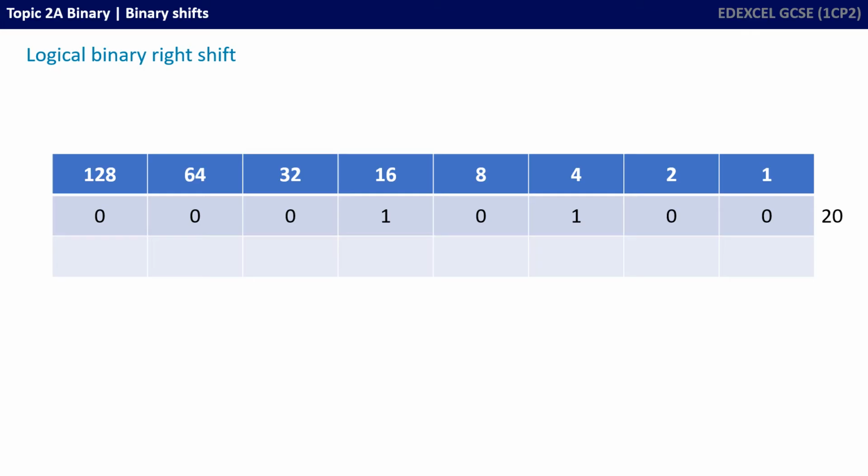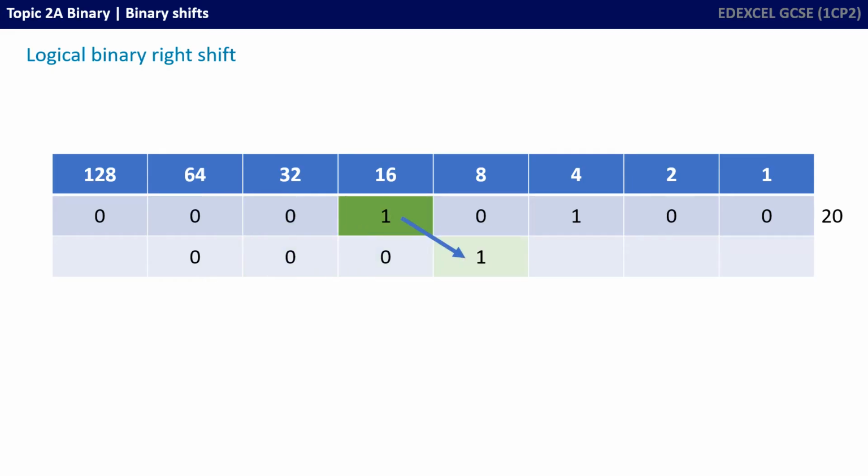A binary right shift is exactly the same, just in the other direction. So we start by shifting each digit right the number of places we need. So we're going to do a right shift of 1. So the 0 from the 128 column ends up in the 64 column. The 0 in the 64 column ends up right shifted 1 place in the 32.